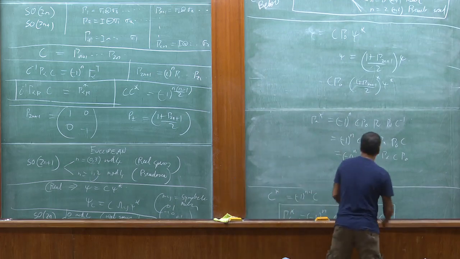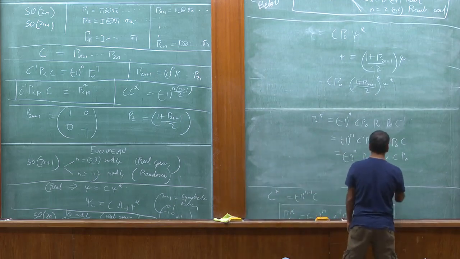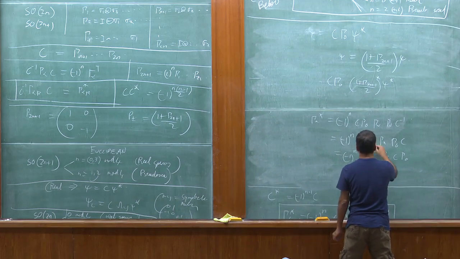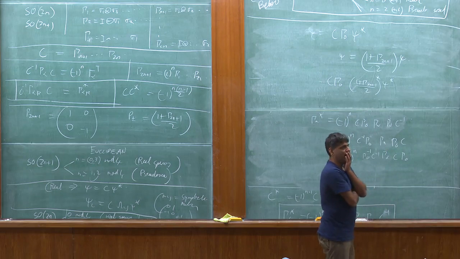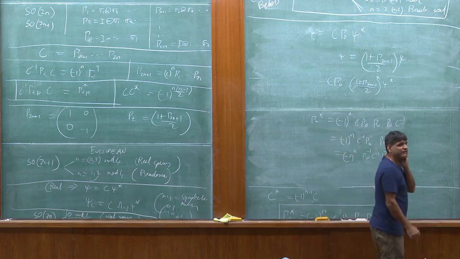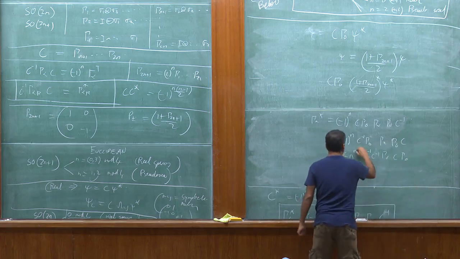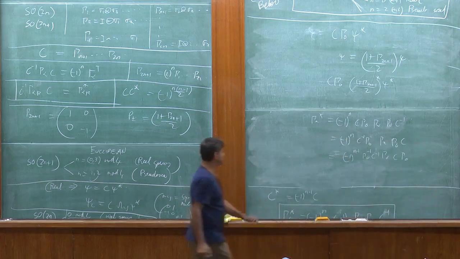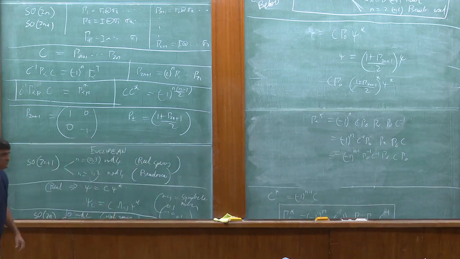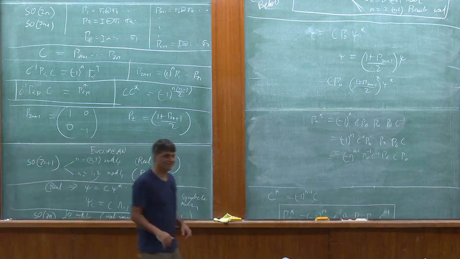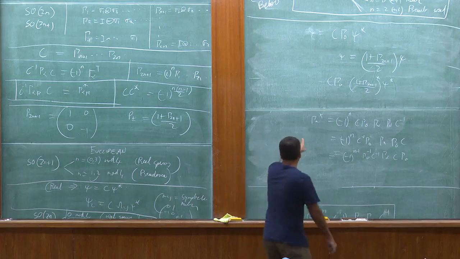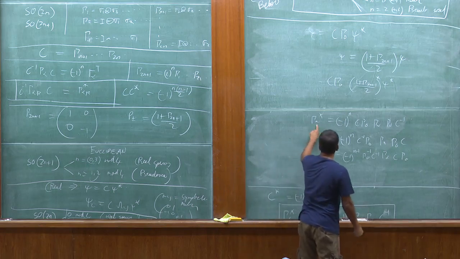And now I'll write this with gamma 0 inverse. So gamma 0 inverse is minus gamma 0. So this is equal to minus gamma. So this is the formula I'm going to use.